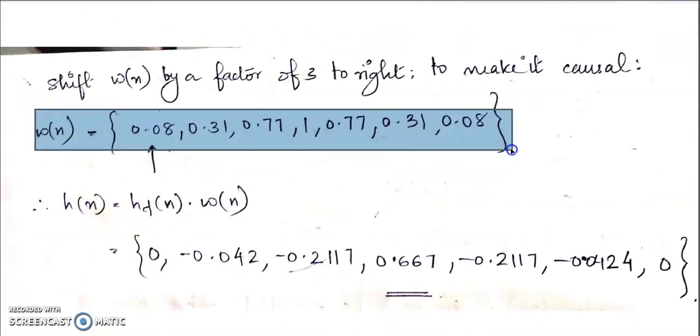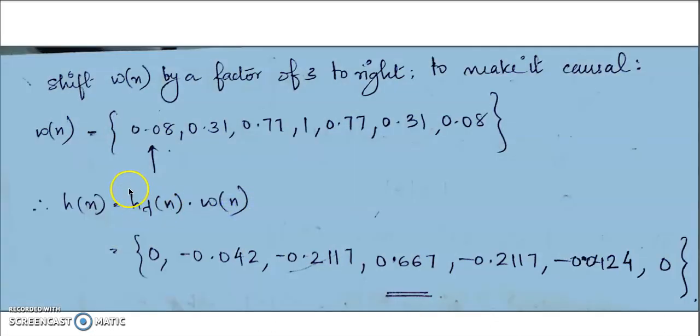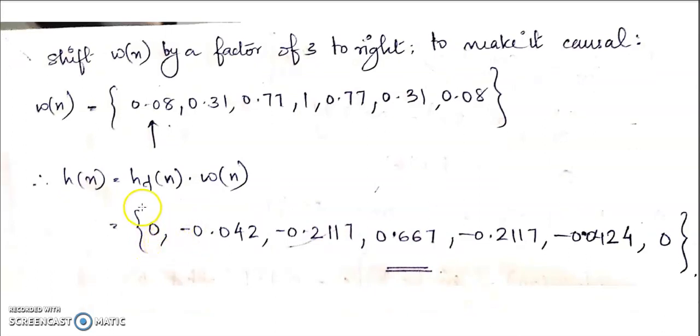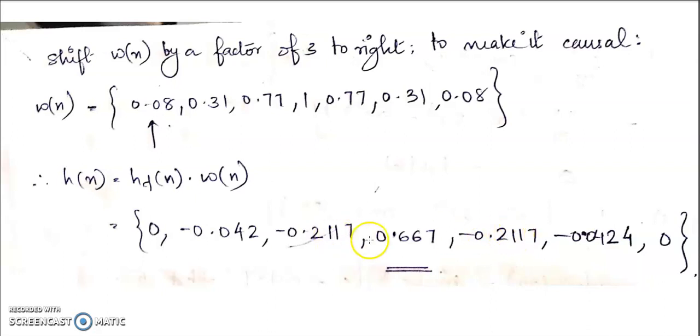Just shifting by 3 samples to the right, you will get W of n. Then we multiply W of n with HD of n based on the same index value. Okay, we multiply, and you will get H of n. This is the filter coefficient, with length 7, and we find that it is symmetric with respect to 3.